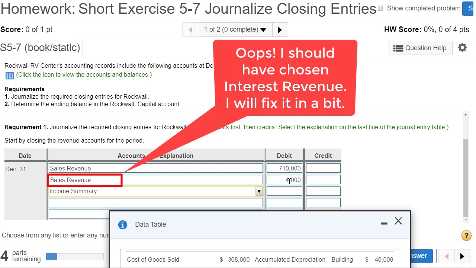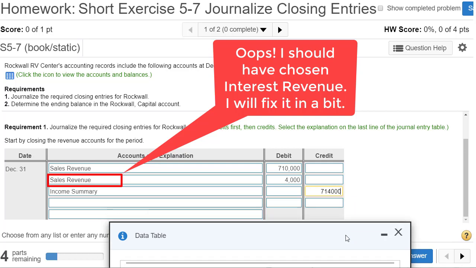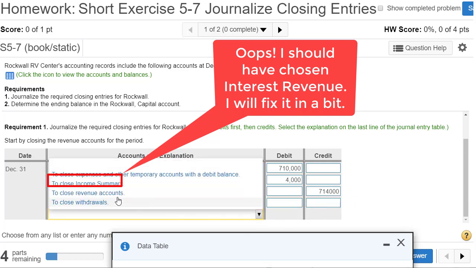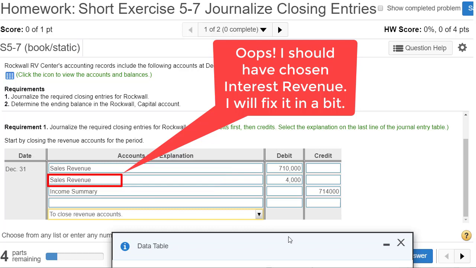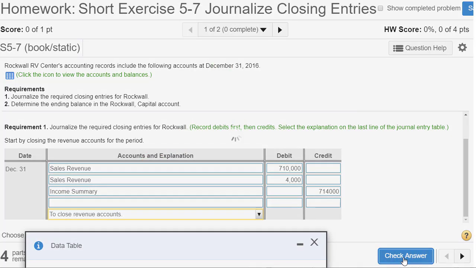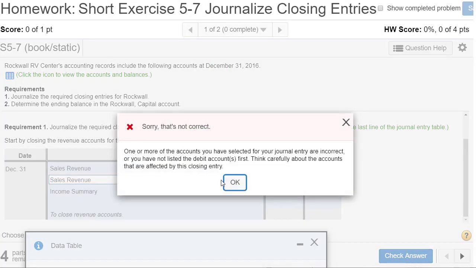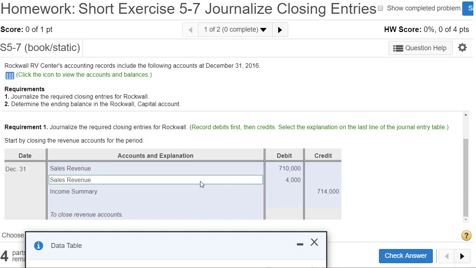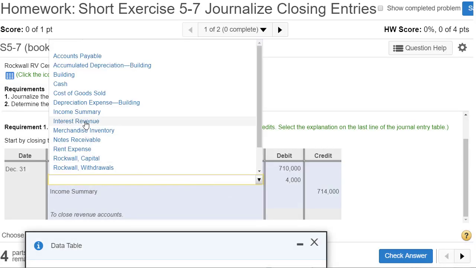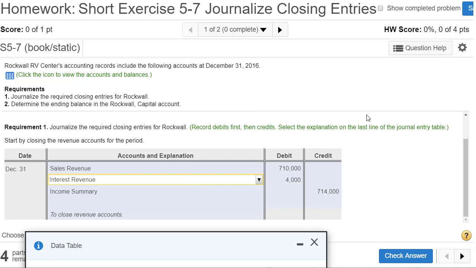So 710 plus 4 is $714,000. And our explanation is to close the revenue accounts. Check our answer. Oops, I screwed up. This should be interest revenue. Hopefully you caught that.